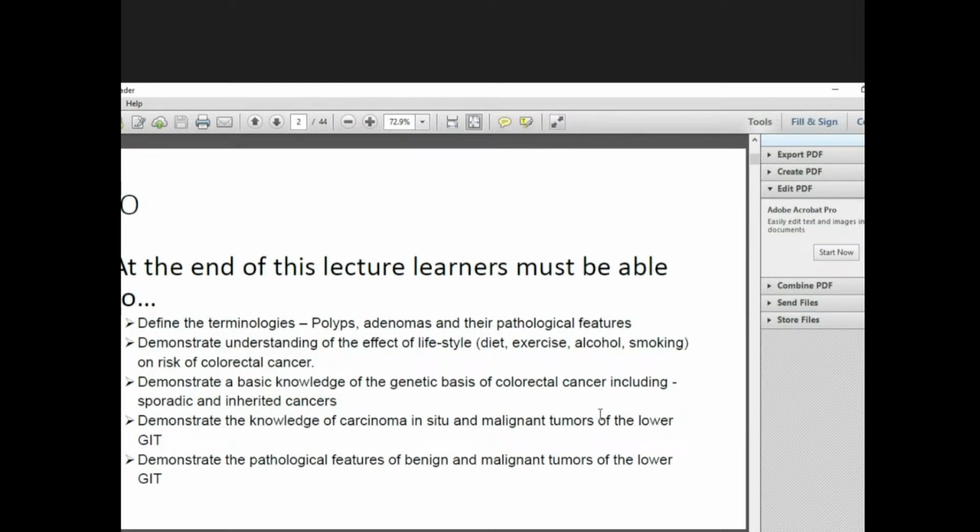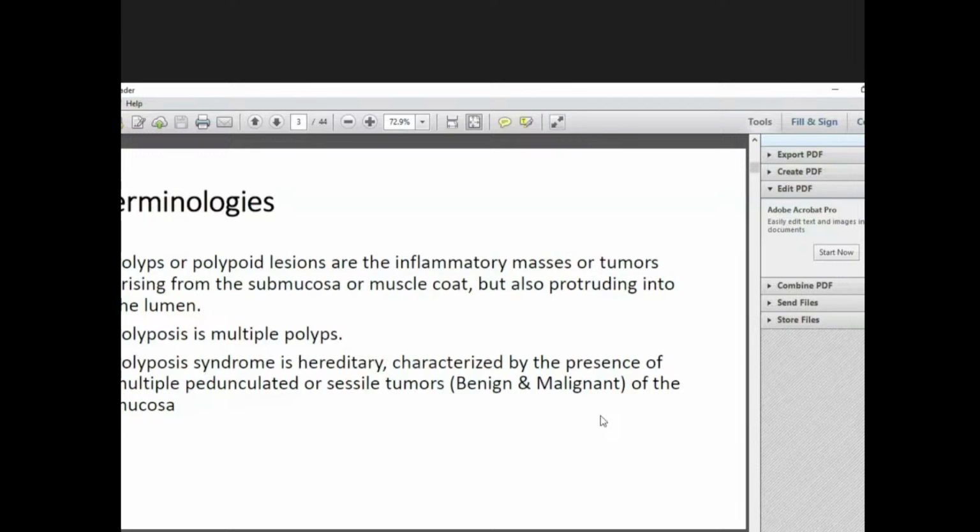Then knowledge of the malignant tumor, different types of tumors of the colorectal carcinoma, the features of benign and malignant tumors of the colon. Okay, so what do you mean by polyp? A polyp or a polypoid lesion are the inflammatory masses or tumors arising from the submucosa or muscle coat but protruding into the lumen.